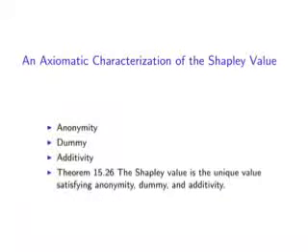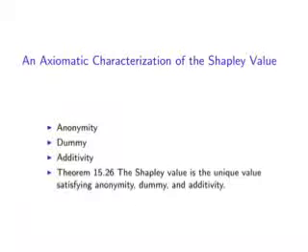Anonymity: changing the names of the agents does not change the cost shares. Formally, phi satisfies anonymity if for every permutation pi of A and every cost function C, phi pi(i) of C is equal to phi i of C for every i in A. Another property is called dummy.